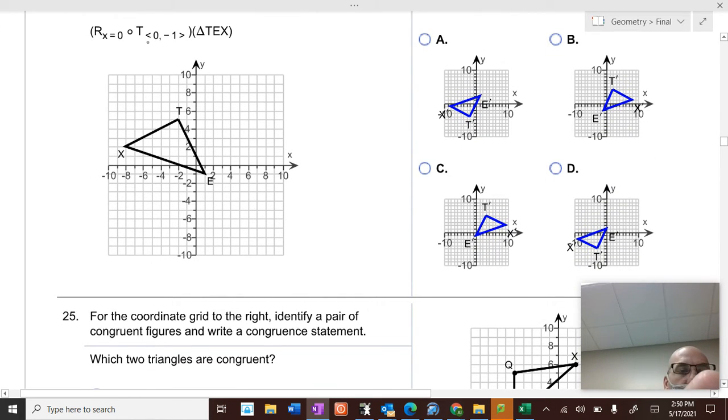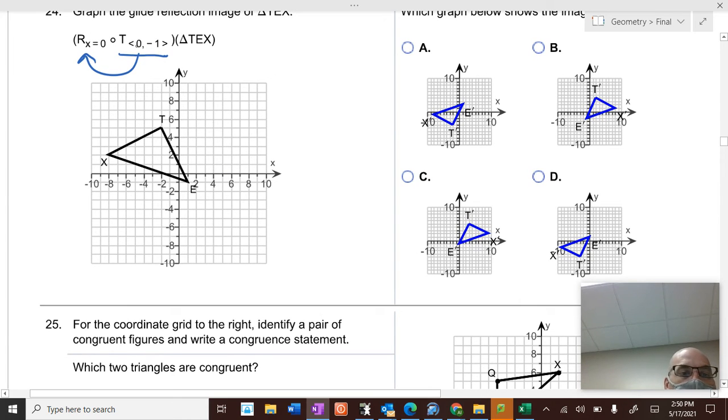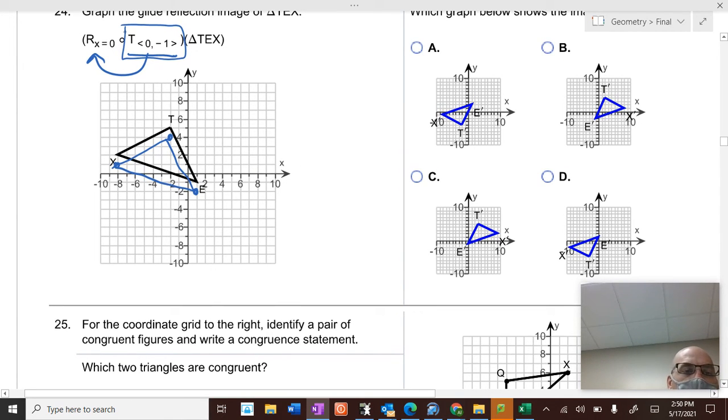For this one, you start with this one and go to this one. You start on the right-hand one and you go to the left. So it says to translate it down 1, down 1, down 1, down 1. And then we're going to reflect it across the line x equals 0.